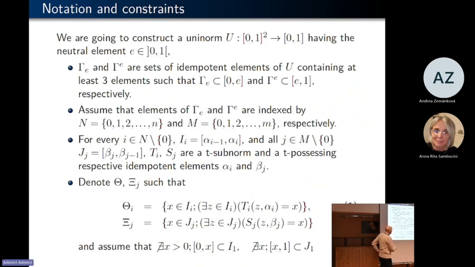And these two sets, theta I and C j, will denote always all elements from this interval I or J j.